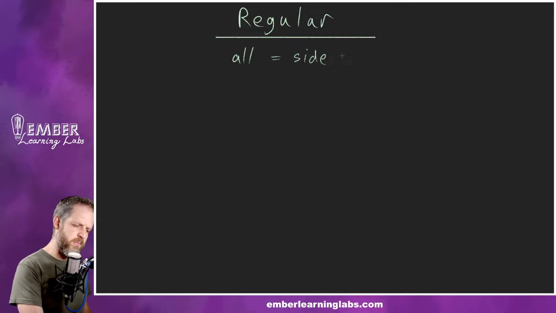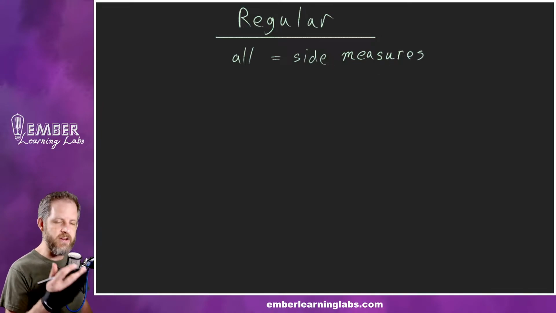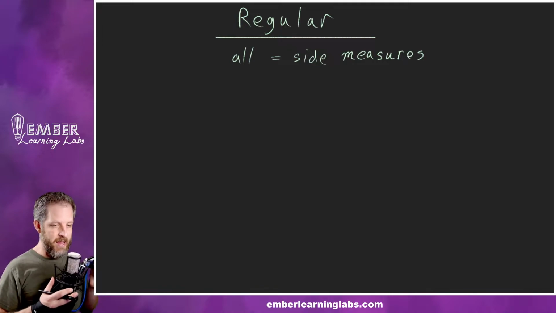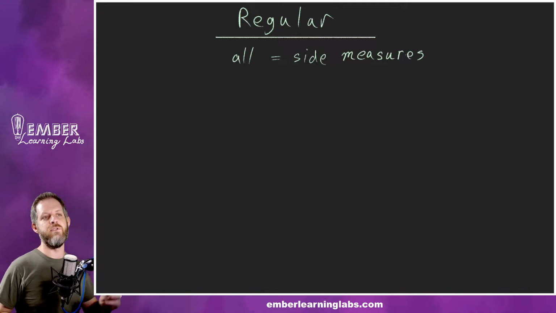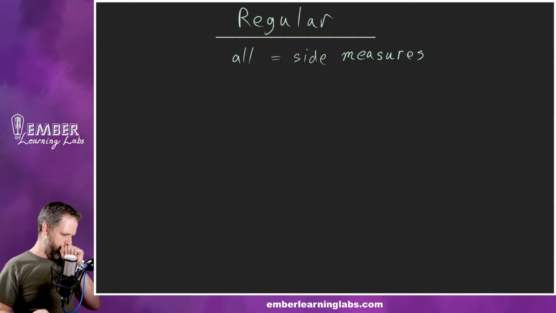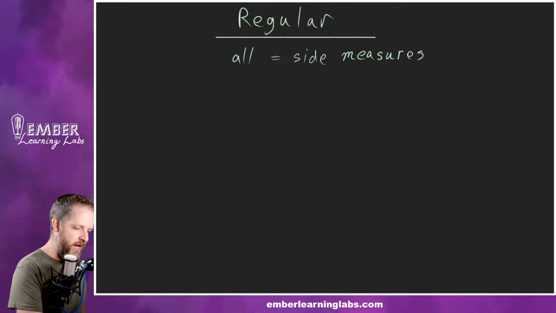If you have learned this in a previous class, they probably didn't add that word measures on there. But I want to make sure and highlight that because we're making a big deal in geometry about the difference between the measure of something versus the look of something, right? And so all equal side measures.